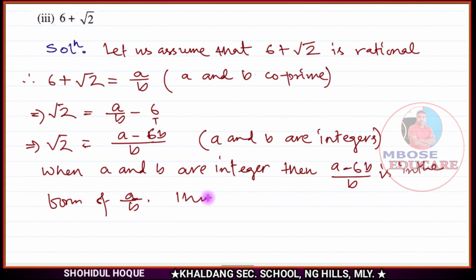This means a minus 6b divided by b is rational. When a minus 6b divided by b is rational, then it is equal to under root 2, which is also rational.